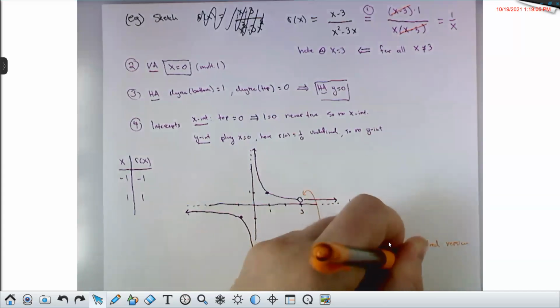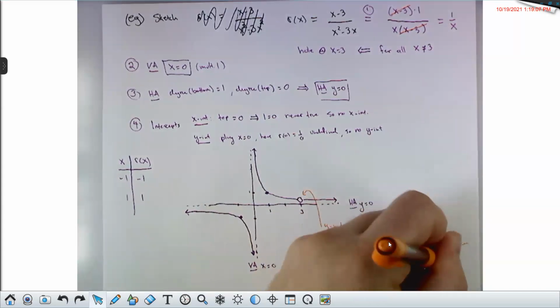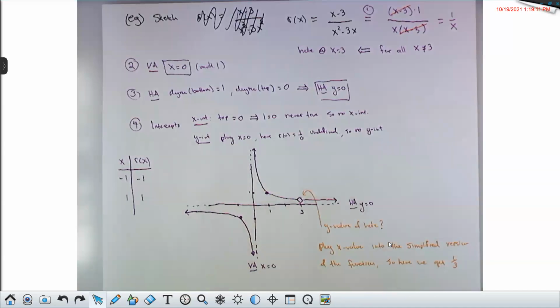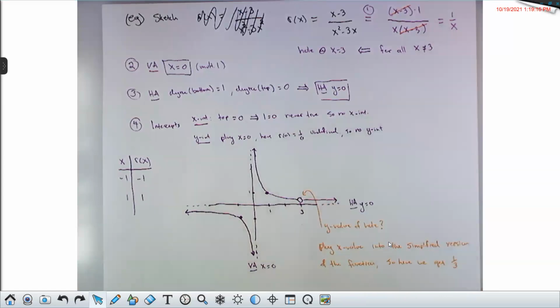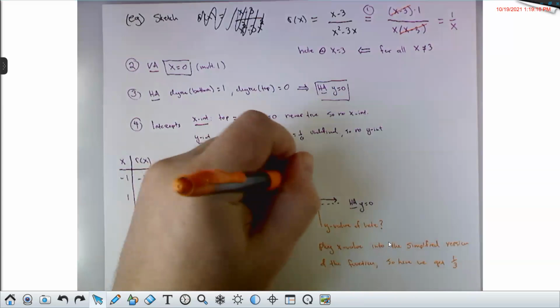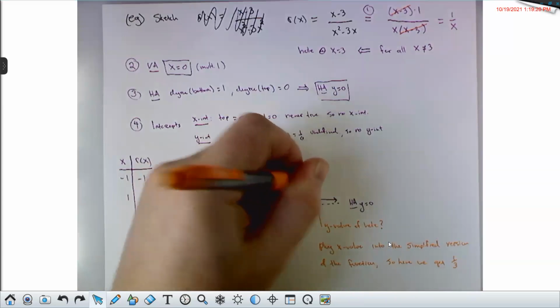So here we get 1 over 3, right? I take the x value of the hole and I plug it into the simplified version. So this hole is at the point 3, 1/3.